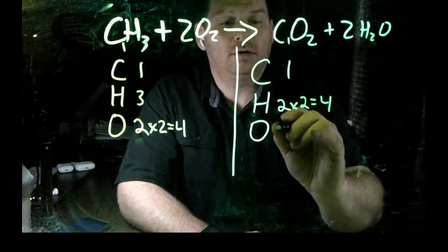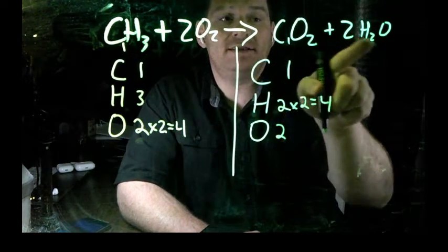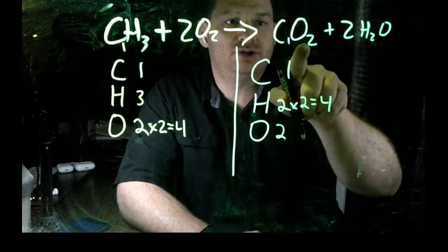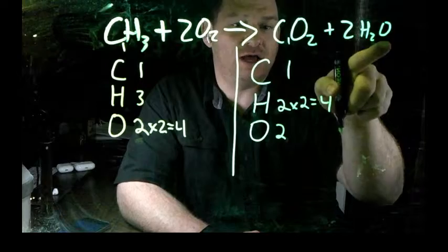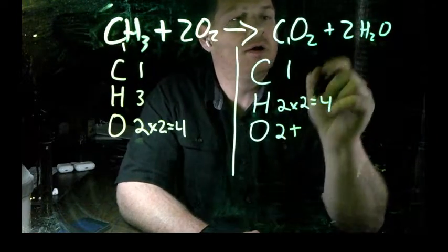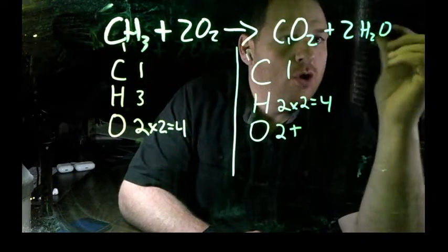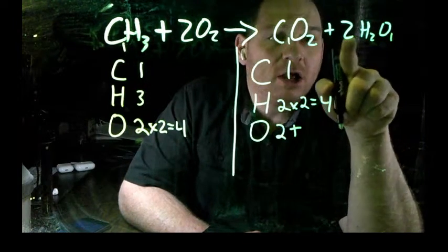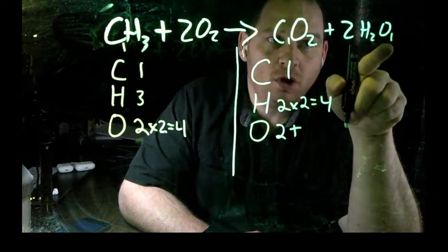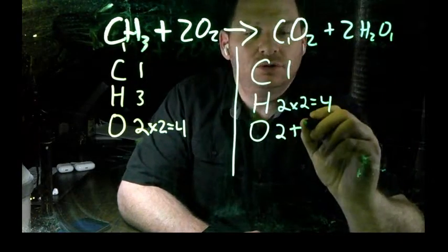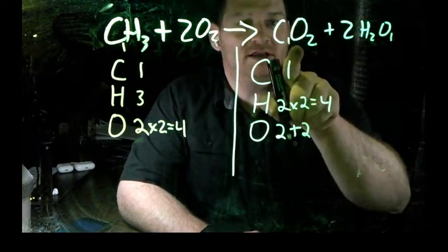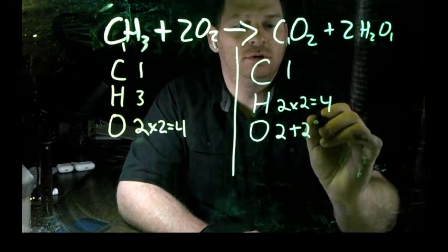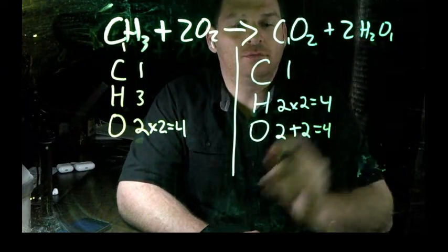I have 2 right here, but I have another one over here. We're going to add these together. So these 2 plus what we got on this side. But what do we have? We have an imaginary 1 and a coefficient, so we're going to multiply those. So 1 times 2, which is 2. So we're going to take this oxygen and add it to that one. So 2 plus 2, which will equal 4.